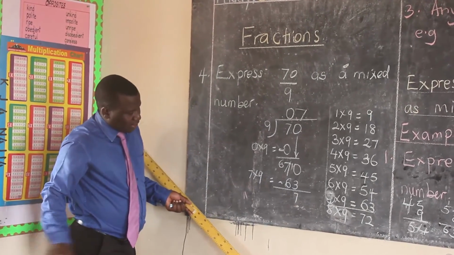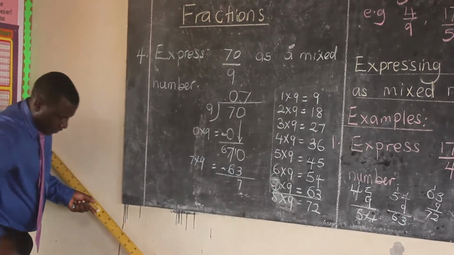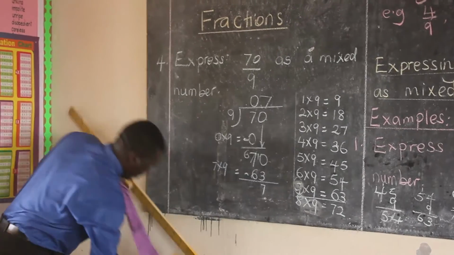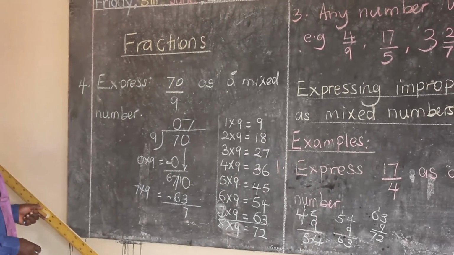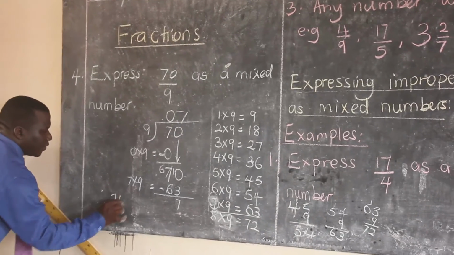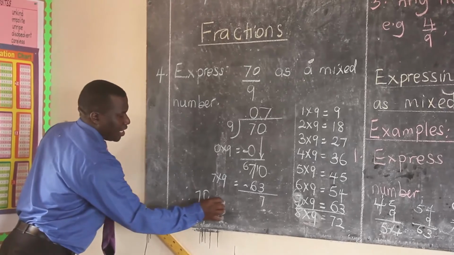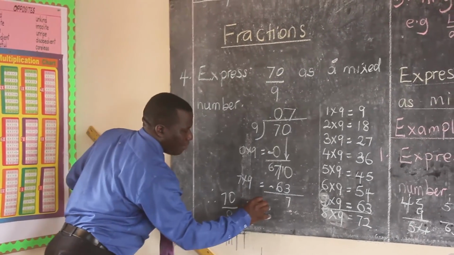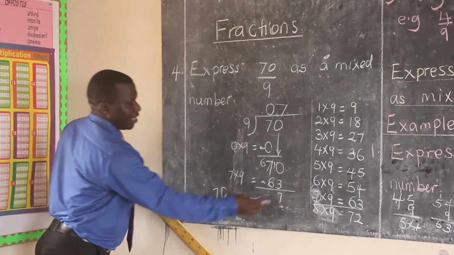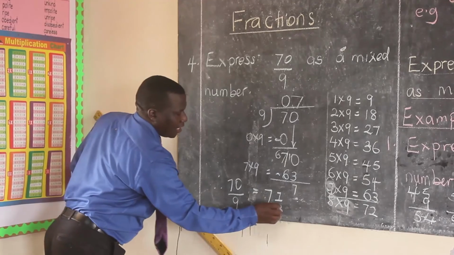So how would you now write your answer? 70 out of 9 as a mixed number. You get 7 whole number, and the remainder is 7 out of this very denominator, 9.